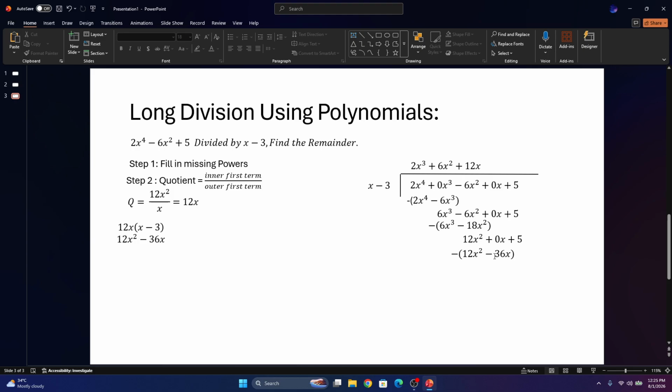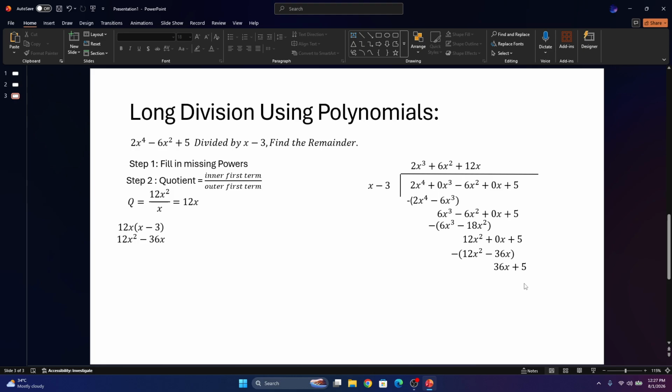And because this minus 36x is getting multiplied by this minus, we're just going to add it to the upper value right here, and it's just going to be 36x. So as you can see right here, this 12x squared and this 12x squared get cancelled out, and we add the 36x because this minus is getting multiplied by this minus. And now this 5 constant comes down as it is.